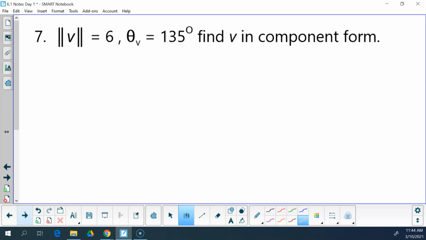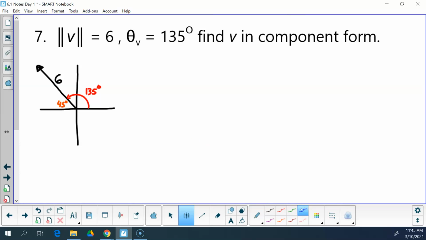Given the magnitude and the direction angle, if we had a length of 6 here and an angle of 135 degrees, that would give me a reference angle here of 45 degrees.